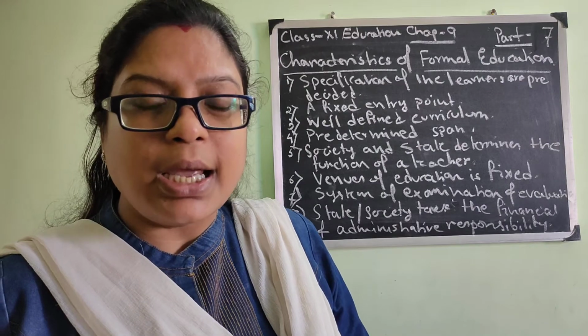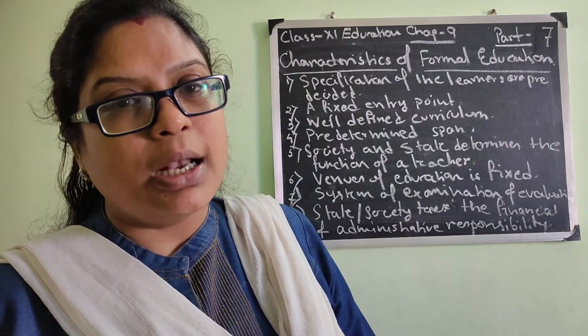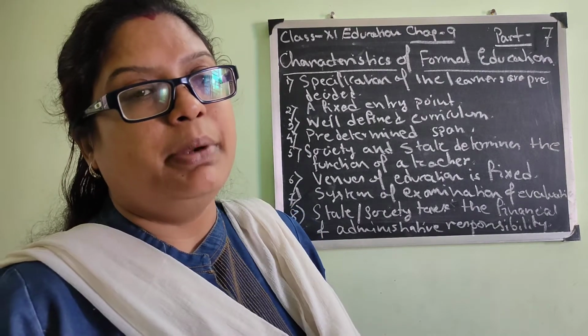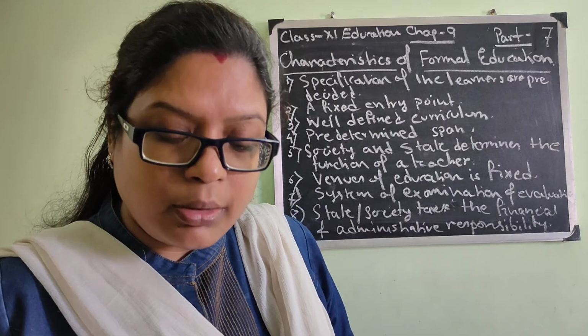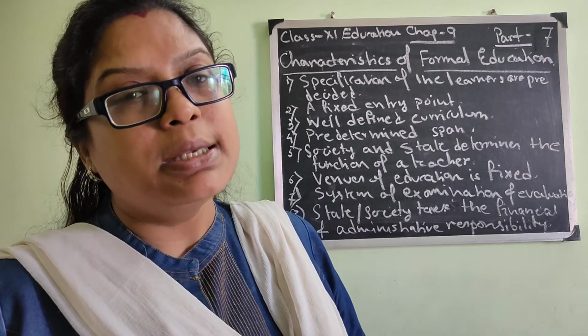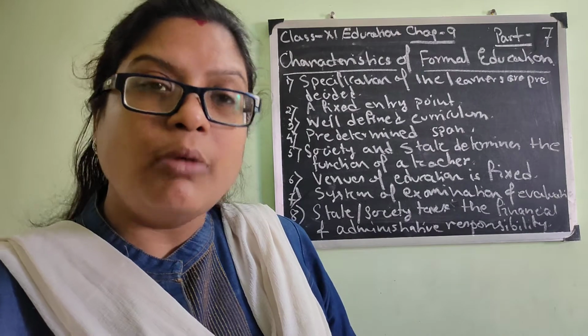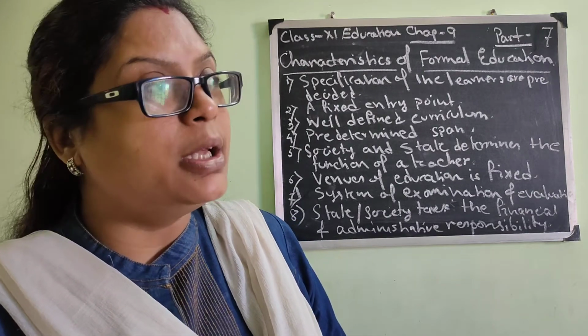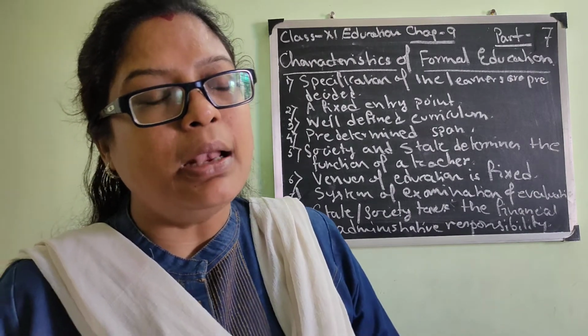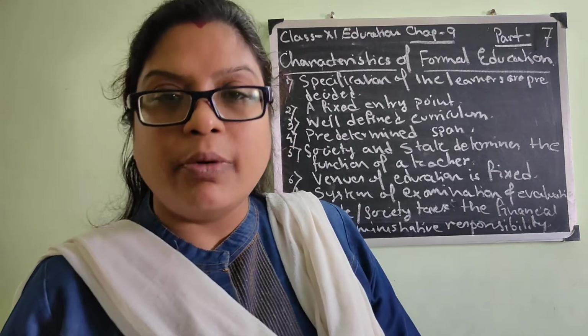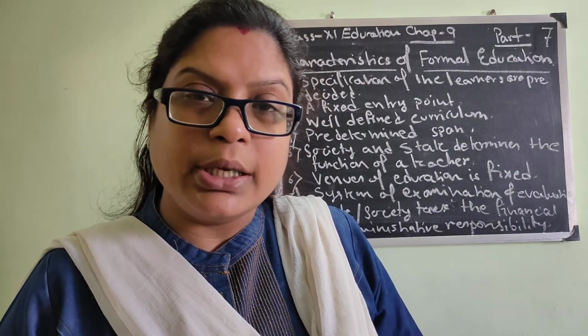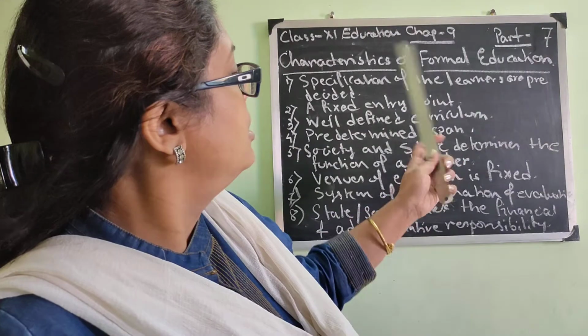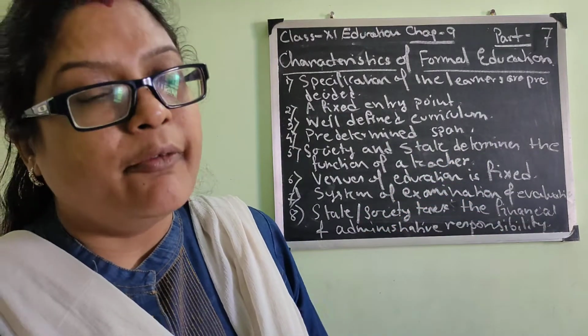So there is a fixed age for each and every class, and that is predetermined. And before entering the school, there is some formal system to evaluate whether the child and their parents can continue with the system of education, which the school authority will decide. So the specification of the learner is fixed.